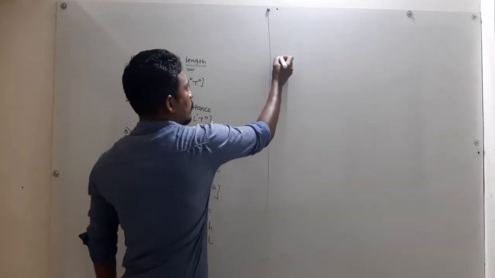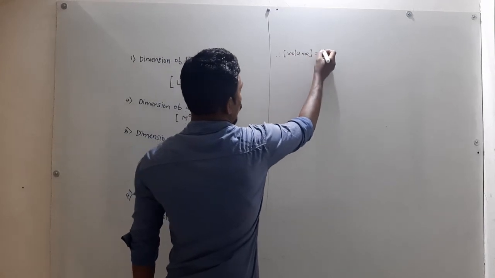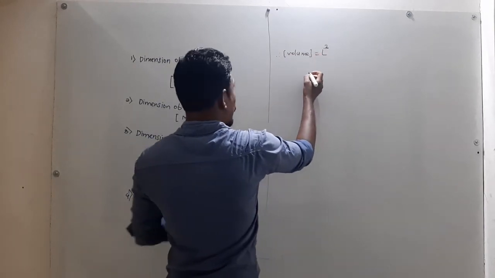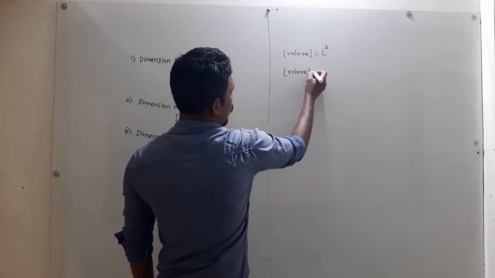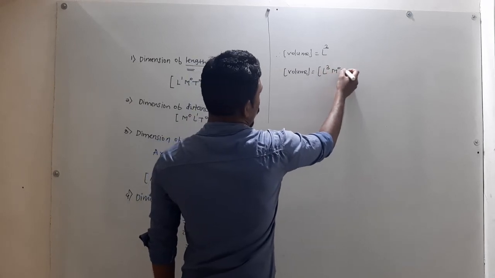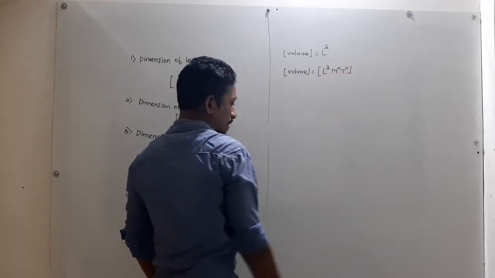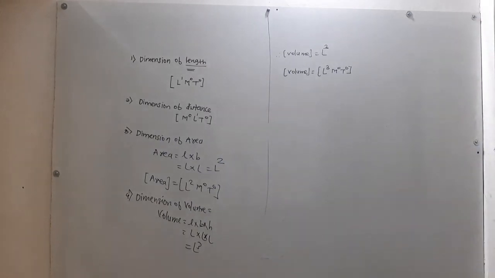Therefore, dimension of volume is equal to L raised to 3, M raised to 0, T raised to 0. This is the dimension of volume, right?